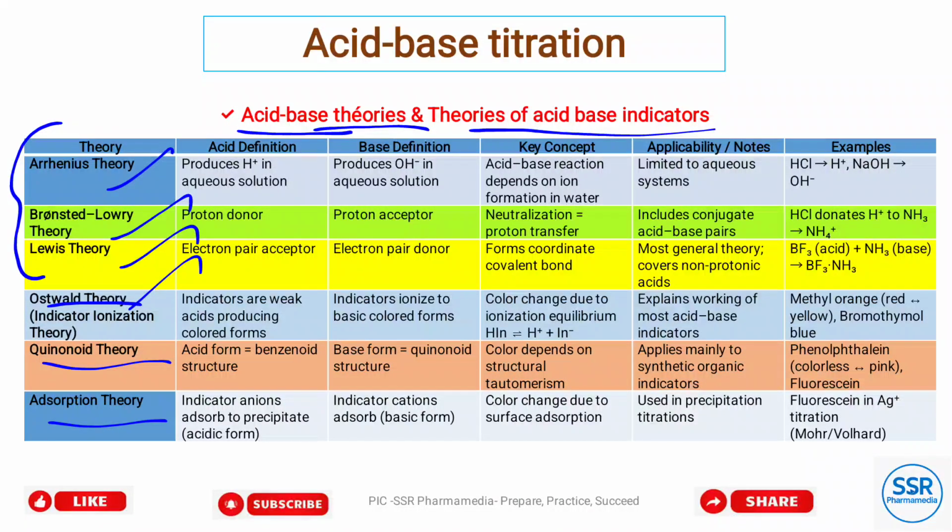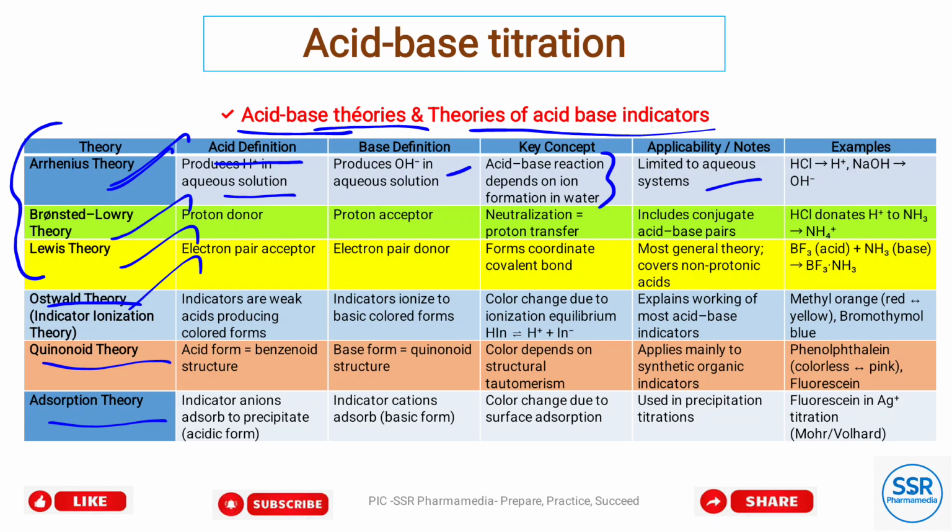So, Arrhenius theory. According to Arrhenius, an acid produces hydrogen ions in aqueous solution, but a base produces OH ions in aqueous solution. So the acid-base reaction depends upon ion formation in water, and according to Arrhenius theory it is limited to aqueous systems only.